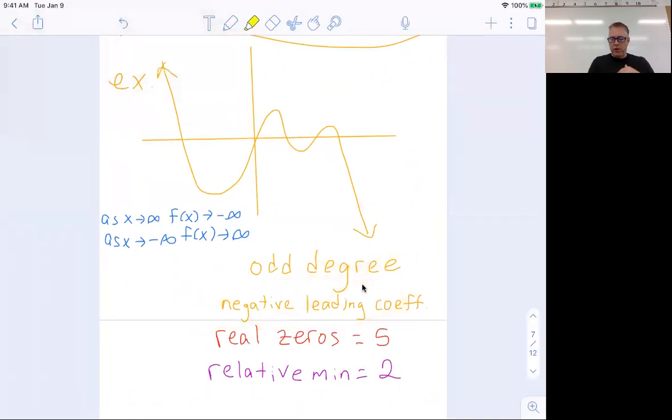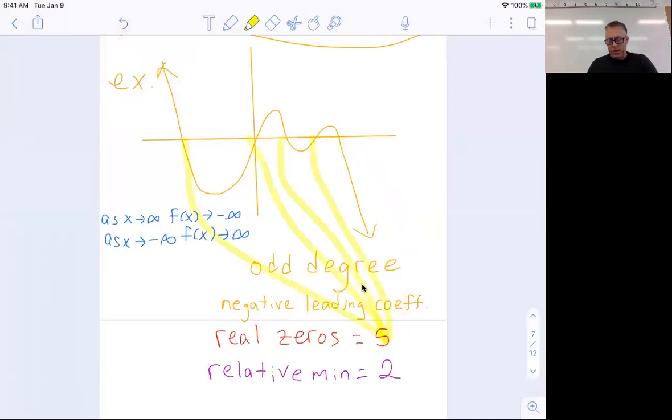So we can figure out the degree and whether the leading coefficient is positive or negative based on just looking at the graph. And then we also talked about the zeros. So this has 5 zeros: 1, 2, 3, 4, 5.